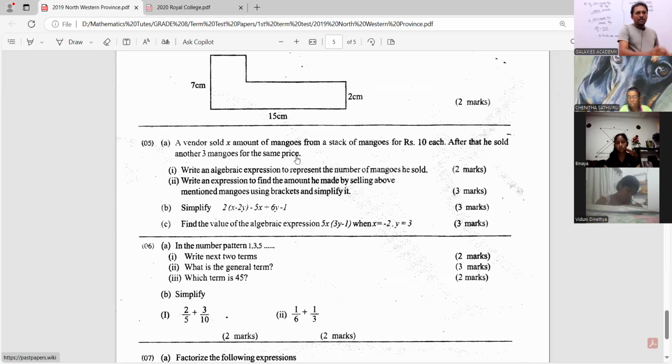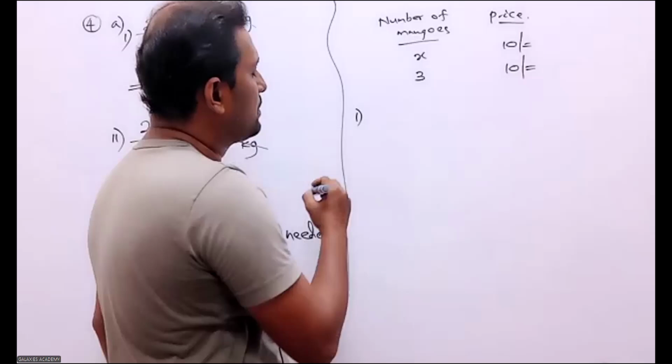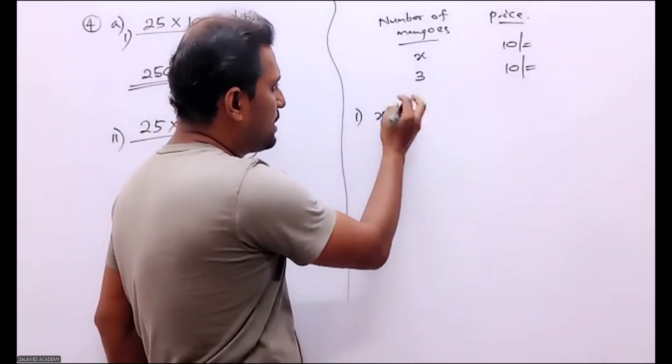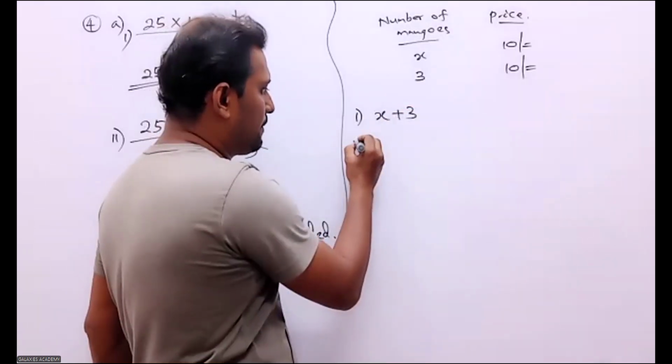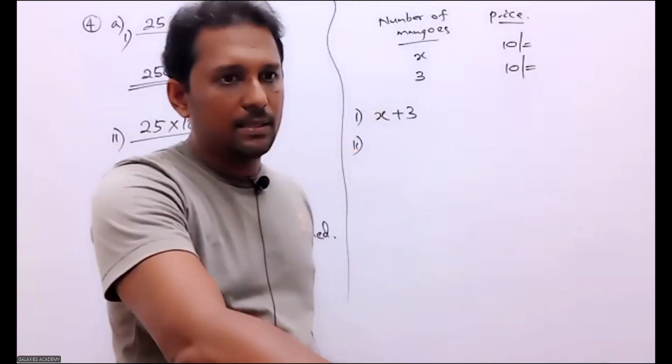The first part: write an algebraic expression to represent the number of mangoes he sold. Number of mangoes, okay? How can you write the expression? Initially he sold X, after that 3. So the total is X plus 3. It is the number of mangoes, right? X plus 3.